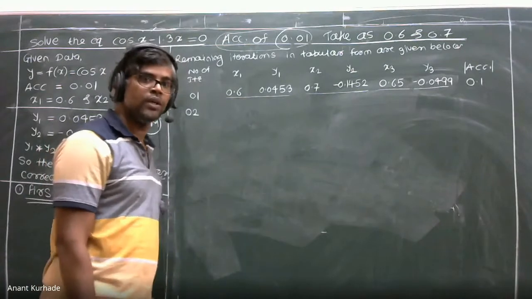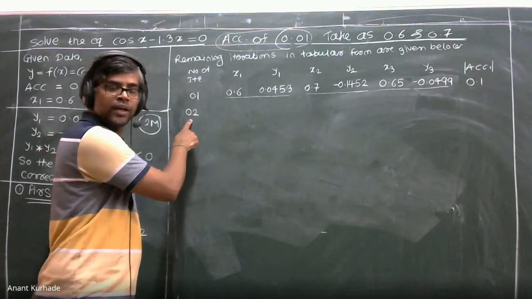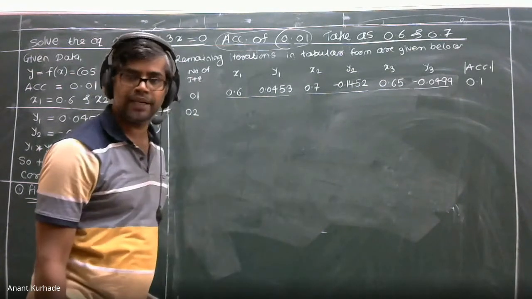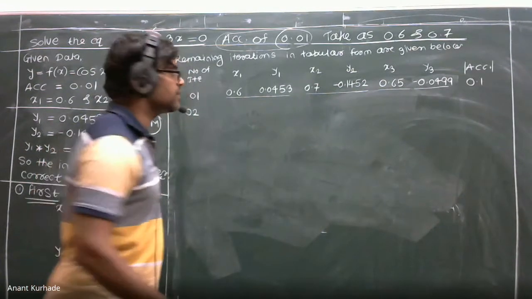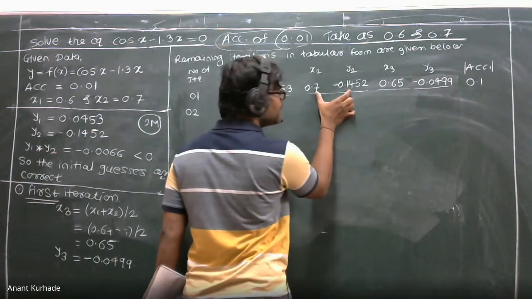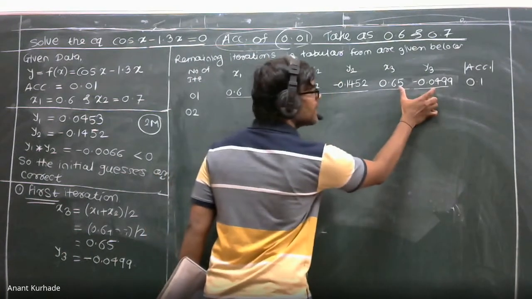So while doing iteration number 2, replace minus pair to minus pair. This one is minus. So under the head of x2 by 2, write down this minus.